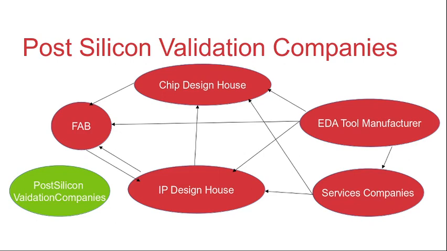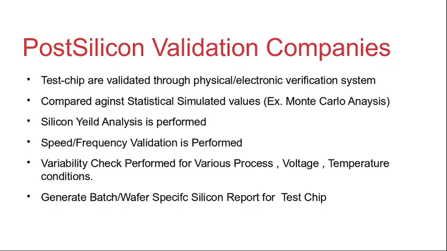Once the silicon is made, they will make the test chip. The test chips will be validated through the physical and electronic verification system. They will be physically verified, and compared to the software testing which has been done before the tape out.